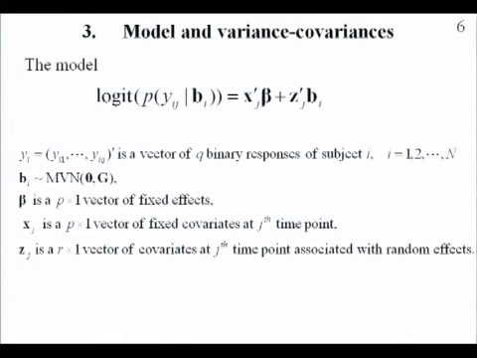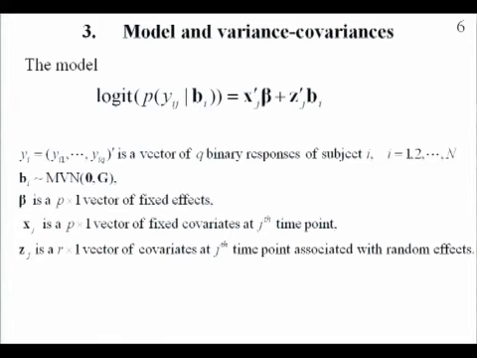If we have q repeated measurements, q binary responses, each one of them will have a Bernoulli distribution with the conditional probability of the response being a success, given the random effects b_i, where these b_i, the random effects, are assumed to be multivariate normal with zero mean and variance covariance matrix G, and this probability is related to the linear predictors through the logit link function.